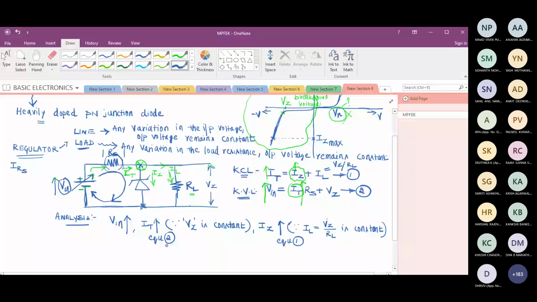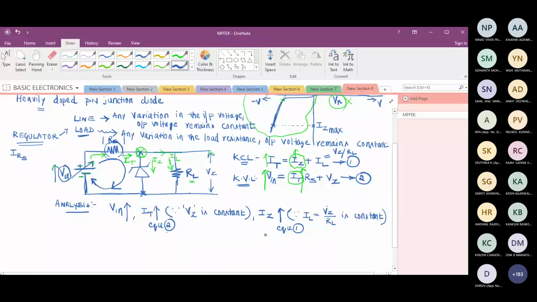Okay, my next question. Can IZ go to any value? No, sir, it should be less than IZ max. So we must ensure IZ should be less than IZ max. So when V in rises, ensure that IZ should not cross IZ max.